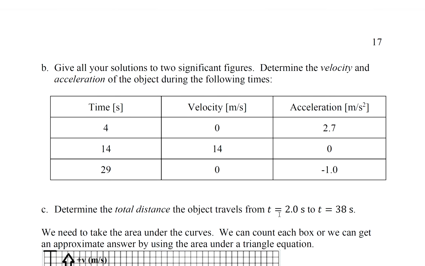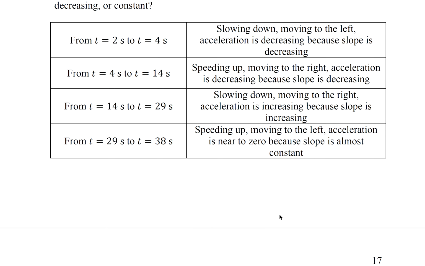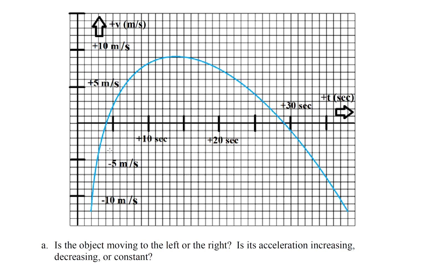Part B, determine the velocity and acceleration of the object during the following times. Remember, the velocity you could just read from the graph, and the acceleration you could just take the slope. So at 4 seconds, the velocity is 0. At 29 seconds, the velocity is 0.